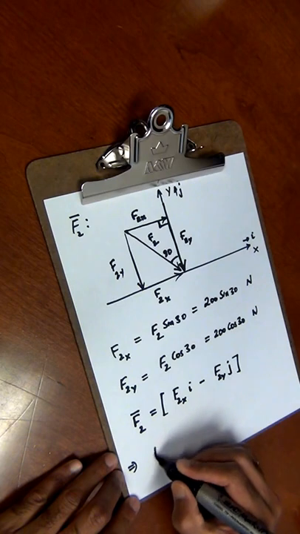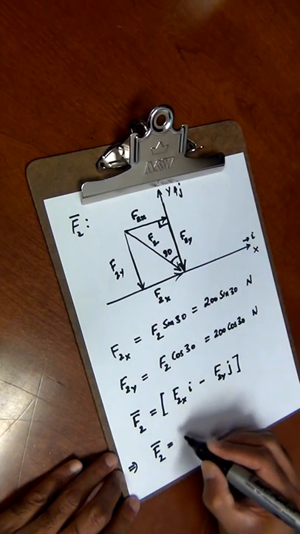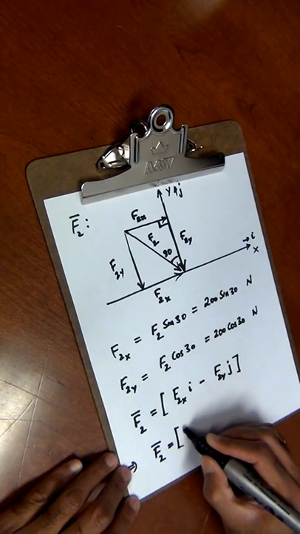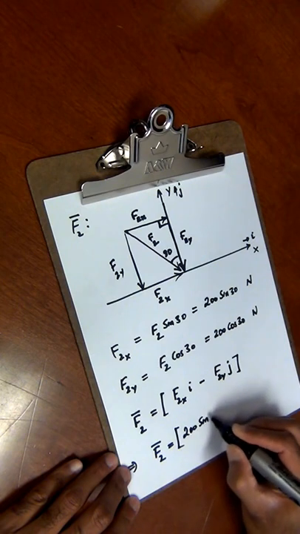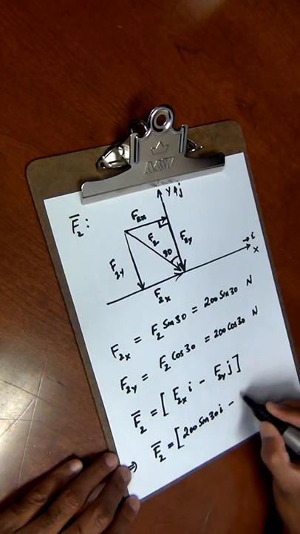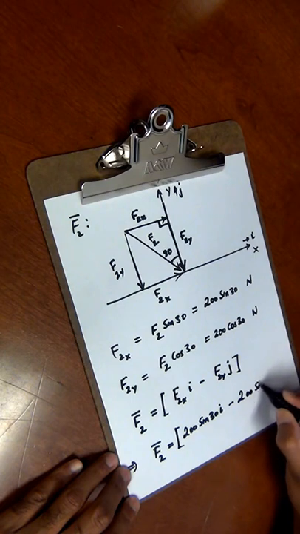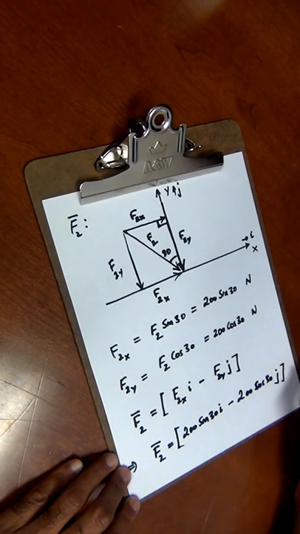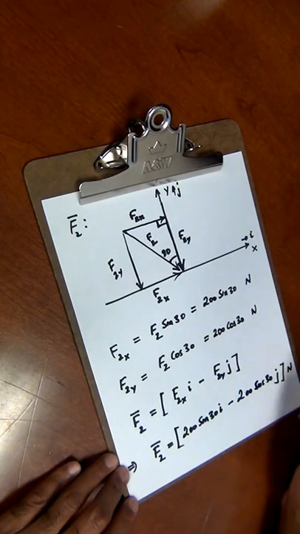And so I have F2 as the following. So this is going to be 200 sine 30 in the i minus 200 cosine 30 in the j direction, so many newtons.